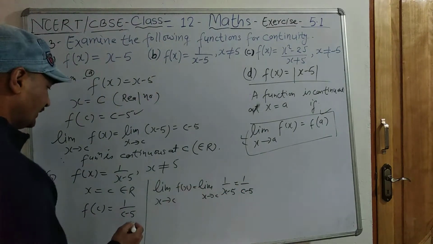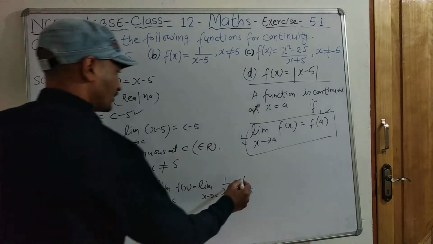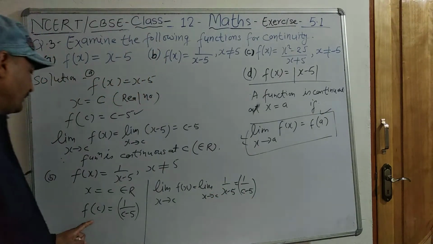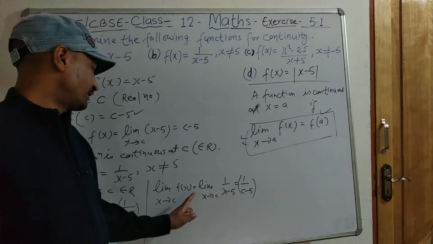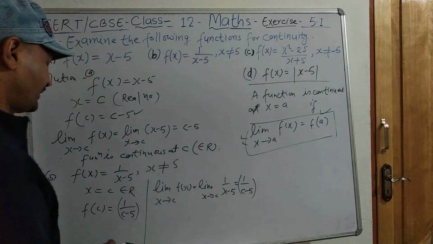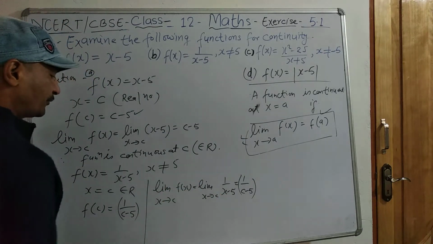So you can see here it is 1 upon c minus 5. That means f(c) is equal to limit x tends to c of f(x), both are equal.